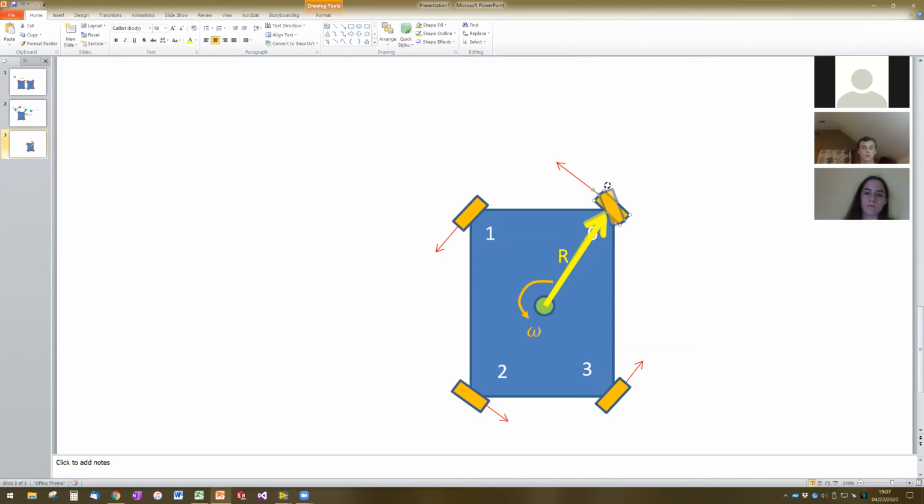If our wheel is rotated like that, let me simplify this diagram just a hair.